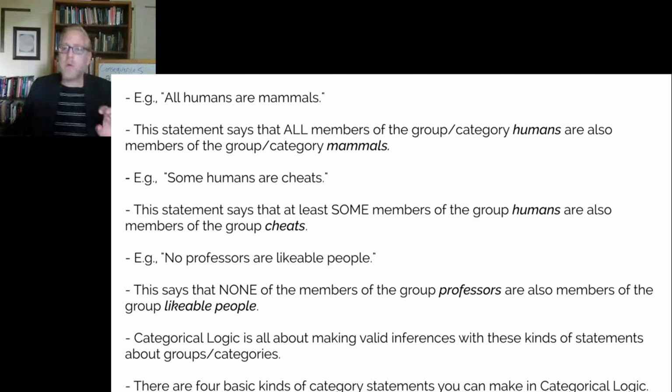In categorical logic, we always need exactly 2 premises and then a conclusion. And there's always going to be just 3 categories of things. That's why we see the 3 circles. So we have 2 premises that talk about each of these 3 categories, and then that allows us to make an inference.